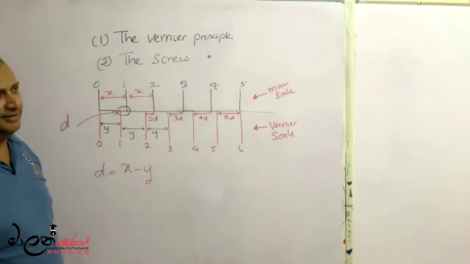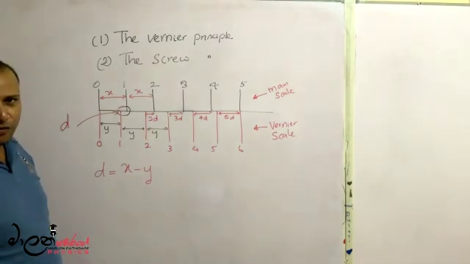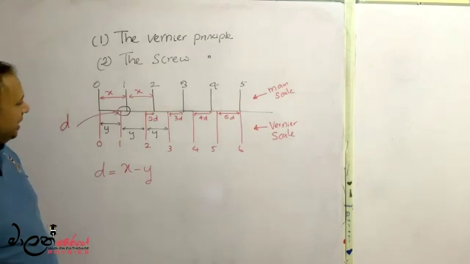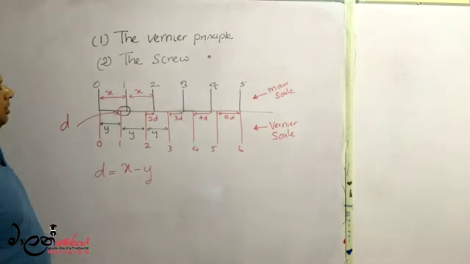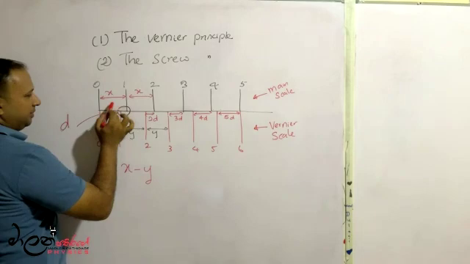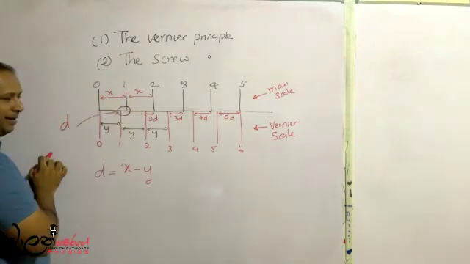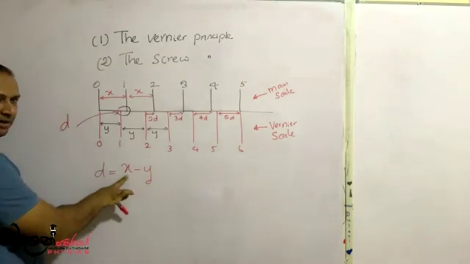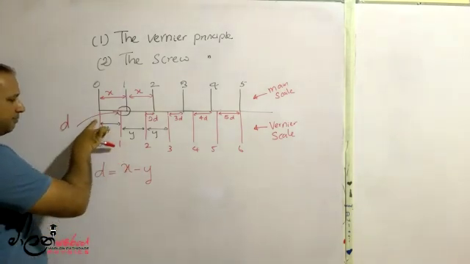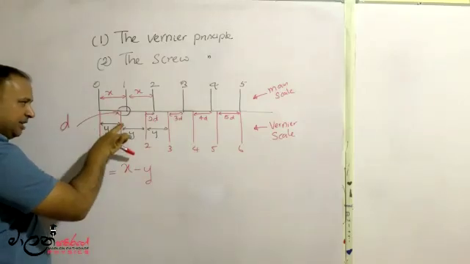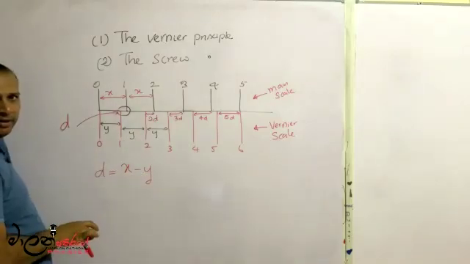And therefore, the smallest gap in the main scale is equal to S. The smallest gap in the vernier scale is equal to what?